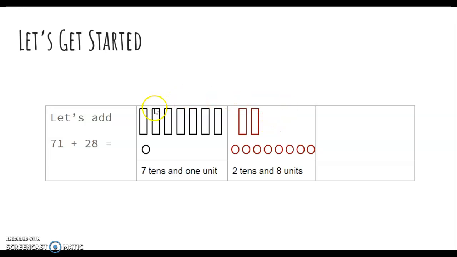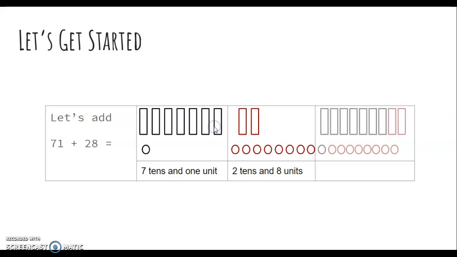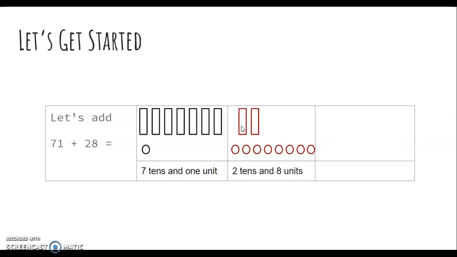So here I represented 71 with 7 tens, 1, 2, 3, 4, 5, 6, 7, and 1 unit. And I represented 28 with 2 tens and 8 units.